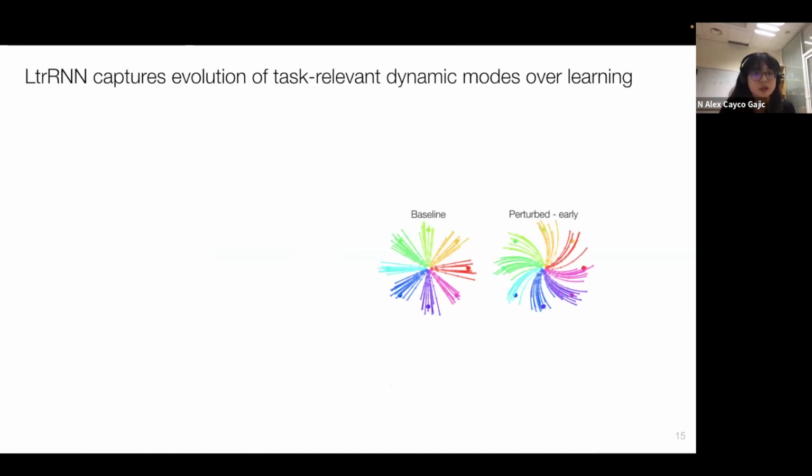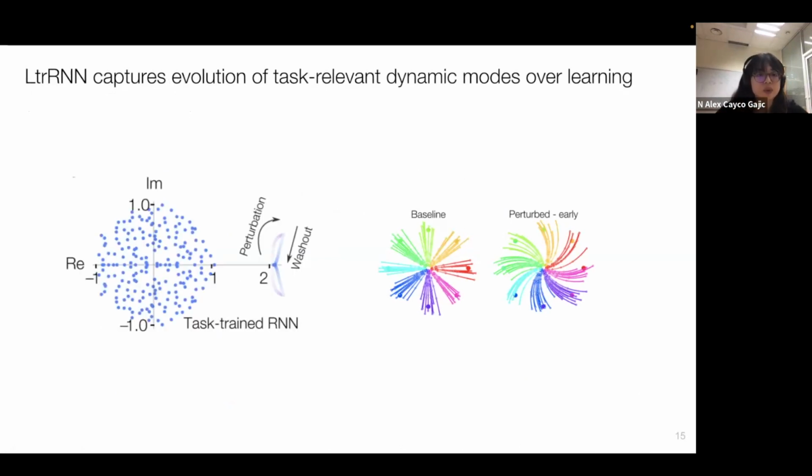And then what we do, I think this is really cool. So if you look at the eigenvalues, so blue are showing the eigenvalues, and then as we go into the perturbation block of trials, those are in pink. And then in blue, again, here, this is showing the washout. So you see all these random eigenvalues that aren't doing anything for the task because they don't change at all over trials. But there's only a few of them that actually do seem to be important.